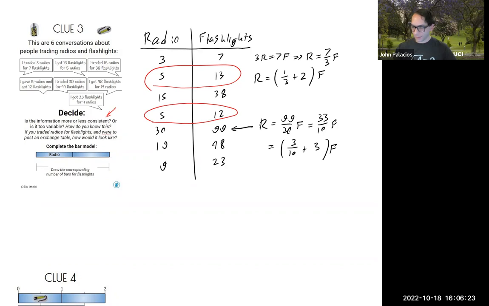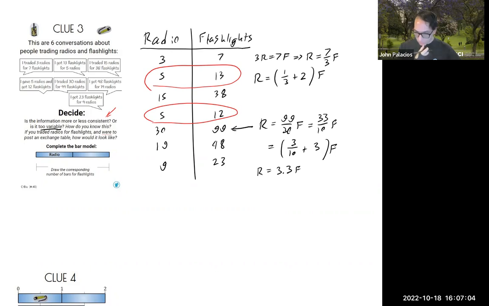In particular, if your junior high students are comfortable with going from fractions to decimals, this is 3.3 times the price of a flashlight. And so we can see here that the ratio between the prices of flashlights and radios varies. So perhaps that's what we mean by too variable, that the price varies. And the calculations above here are how we know that to be true.